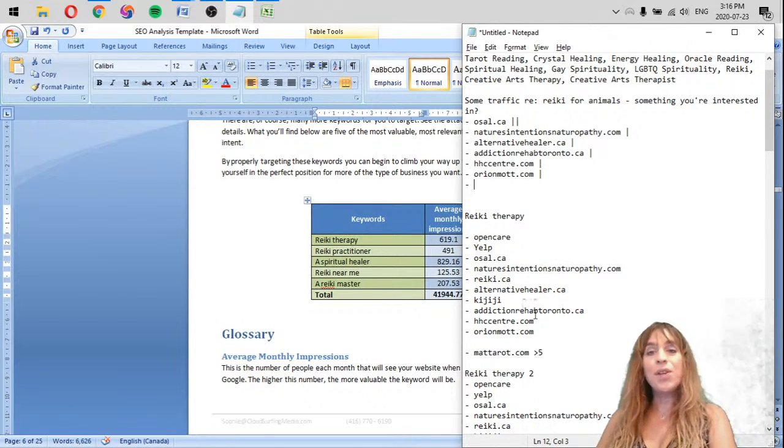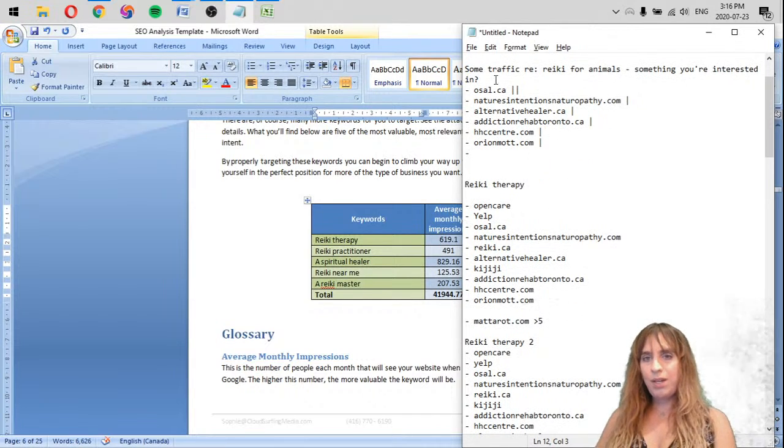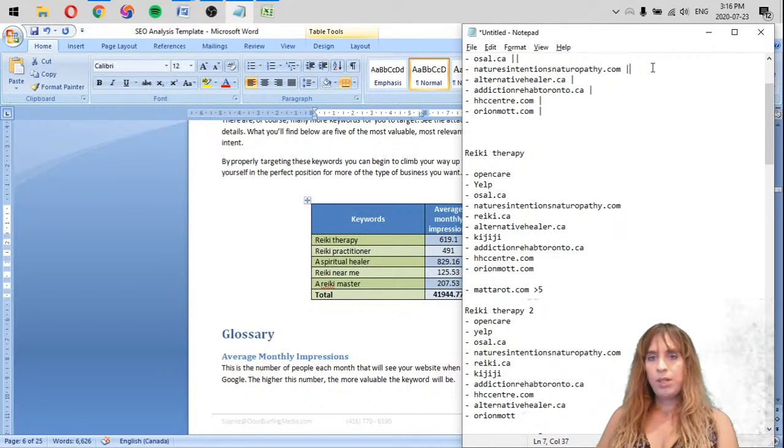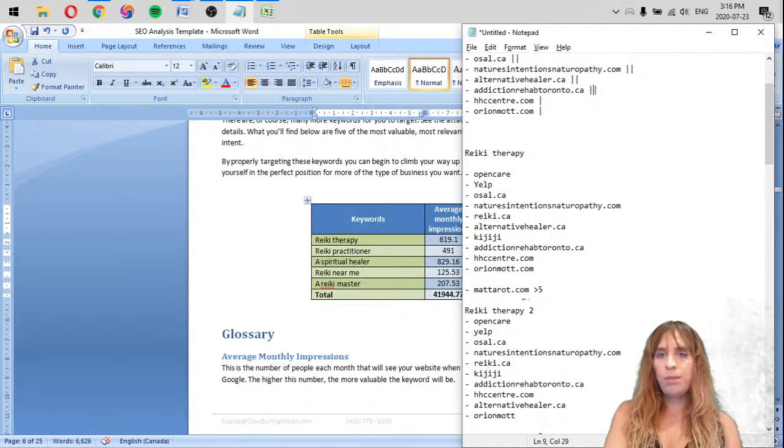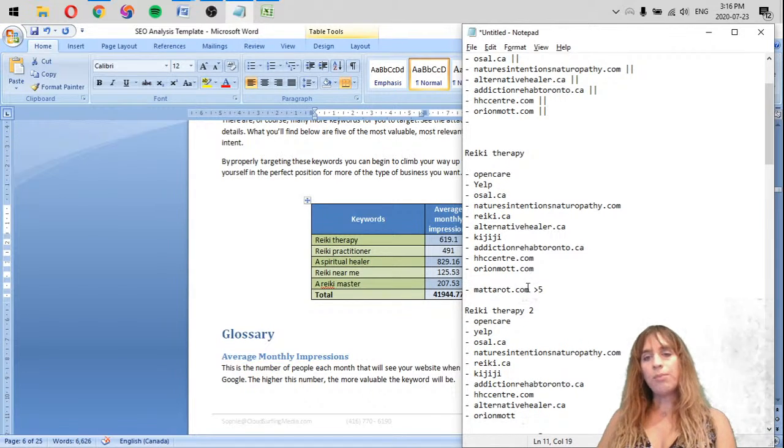And Mateo, of course, is nowhere. And then, okay, so Nature's Intentions again. Healer, yes, again. Additional rehab, yes, again.